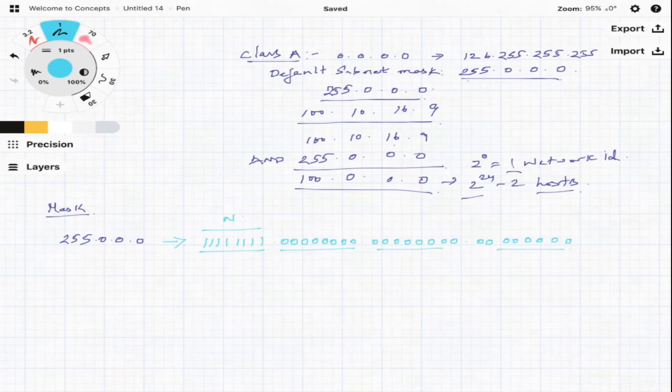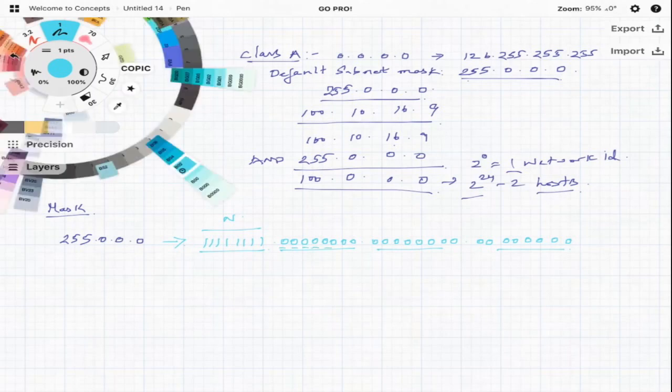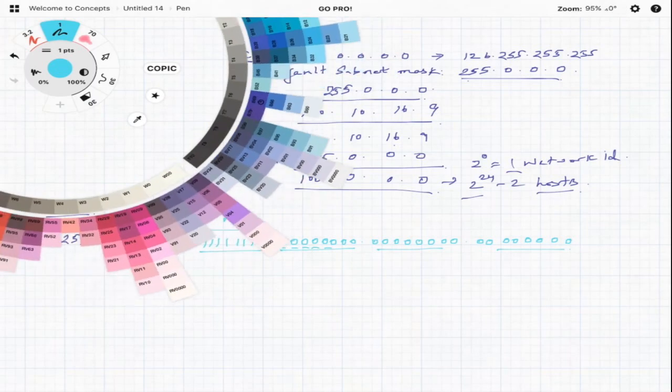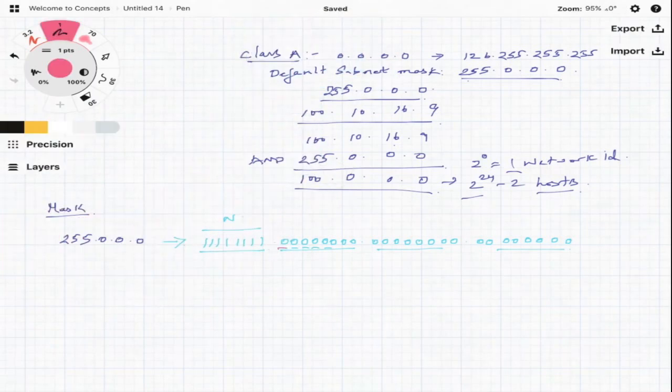So the technique here is to borrow host bits. These are all host bits which I am showing here. So we borrow bit by bit from the host and move it to the network portion. So these are all the network bits.